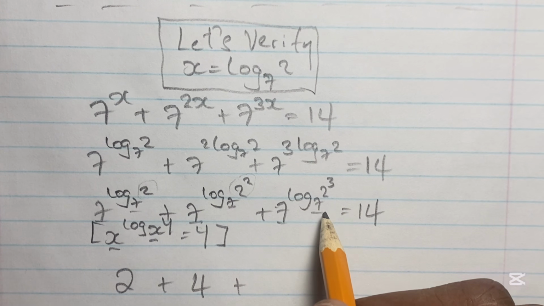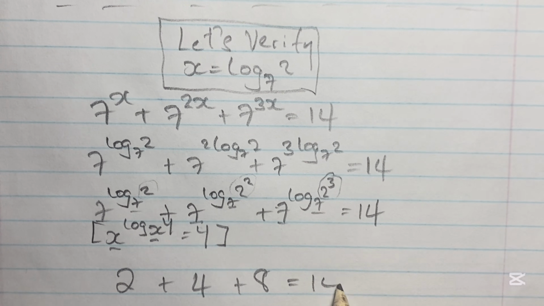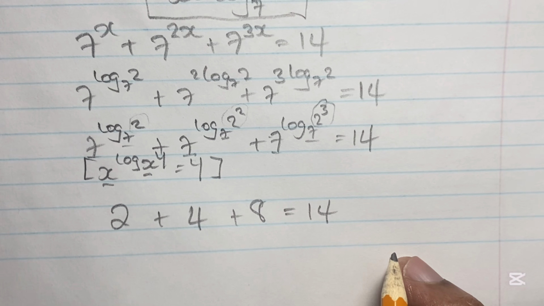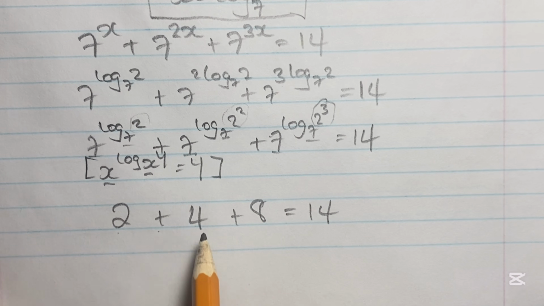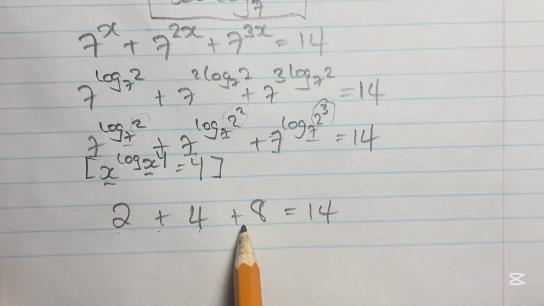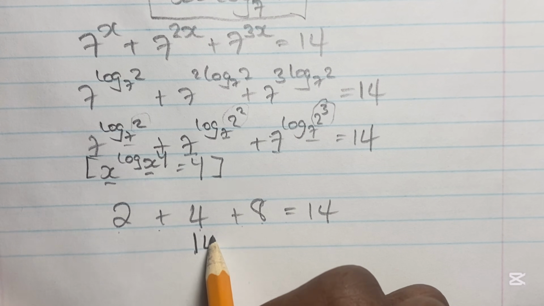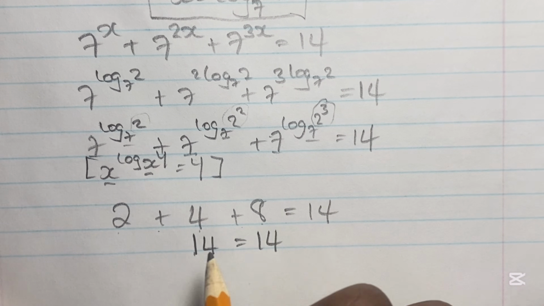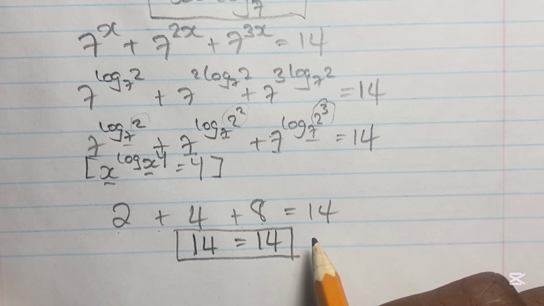Here we see the 7 and the 7 again being the base, and then we'll have 2 cubed, which is 8. So we'll have 2 plus 4 plus 8 is equal to 14, and now is that true? 2 plus 4 is 6, and 6 plus 8 gives us 14. So there we have it. Our solution is verified. x is indeed equal to log base 7 of 2.